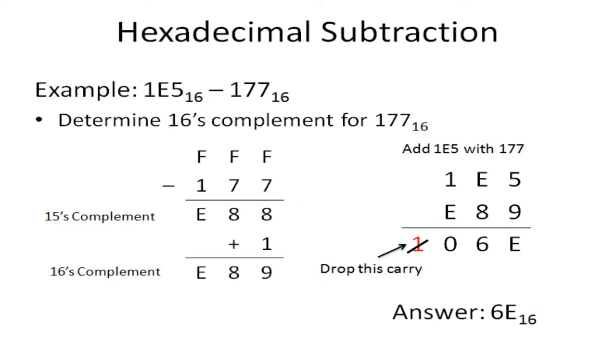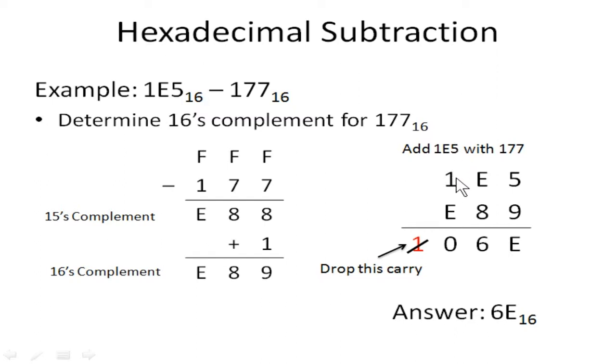And now you go to the next column, E plus 8. Take 8 on your finger and start counting. After E you have F, then 10, 11, 12, 13, 14, 15, 16. So when you count that, you will get 16. So write 6 as the sum down and carry over 1 here.